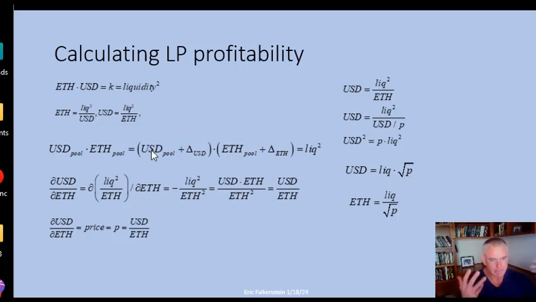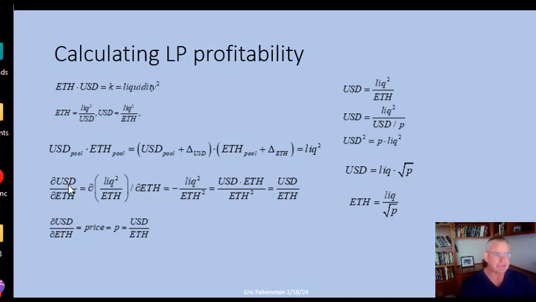So it's nice. That way, when Eve sets up the pool, she can walk away and doesn't have to do anything. It just automatically goes. So what's the price? The price is how much USD comes out when ETH goes in, or vice versa. That's the two-sided price in these pools.